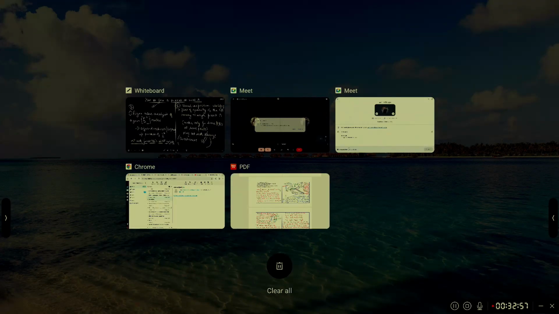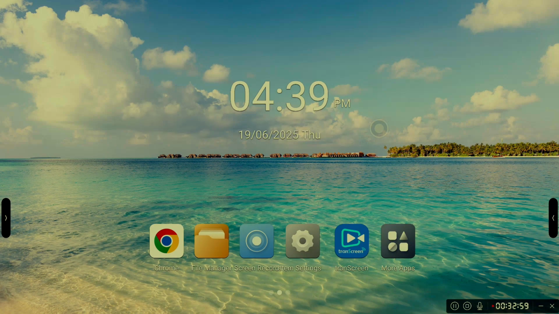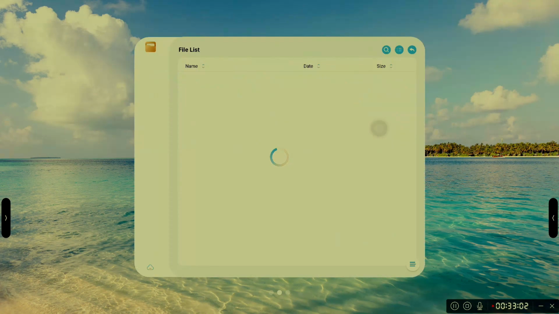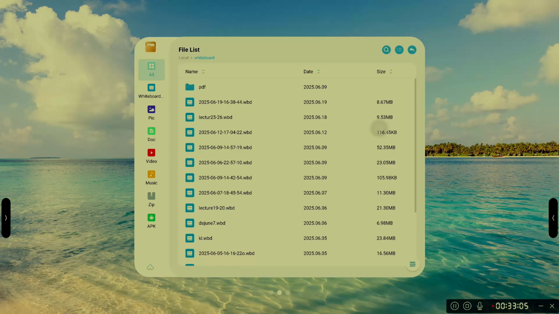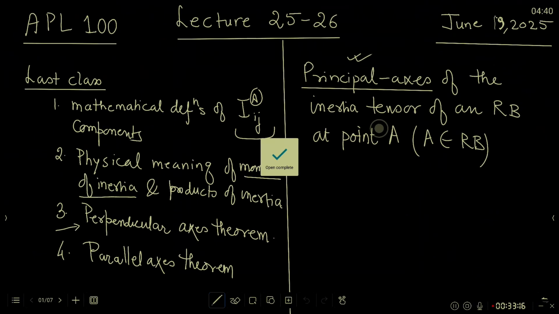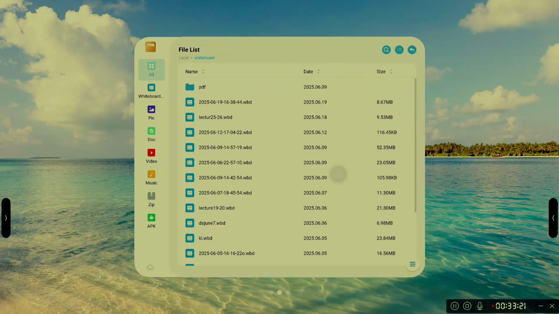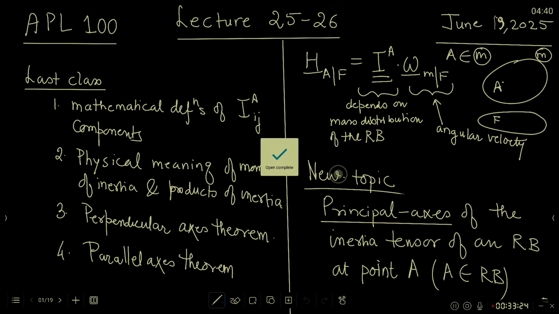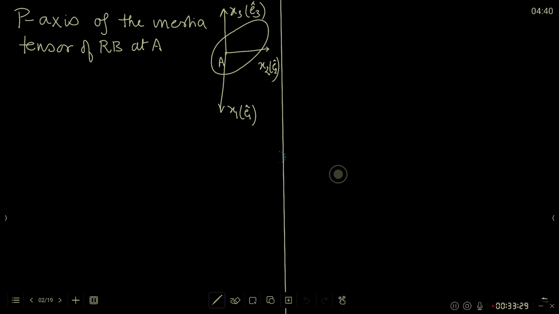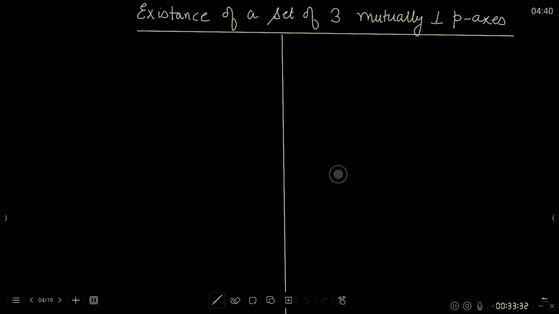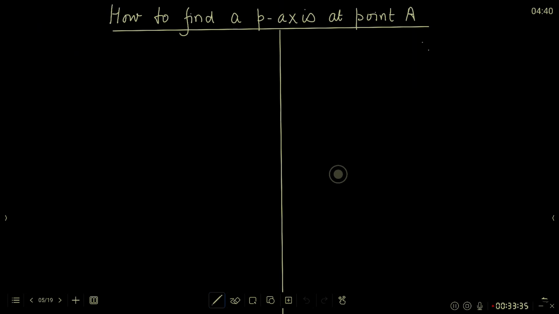I'm not able to see them. Let me see where they are.